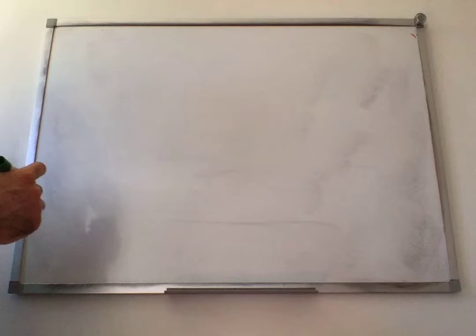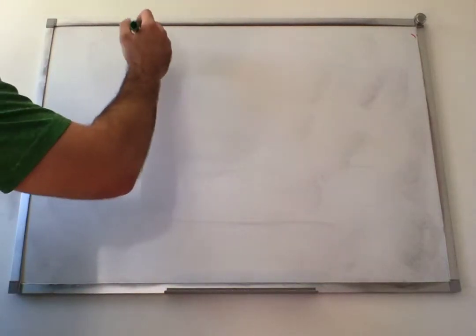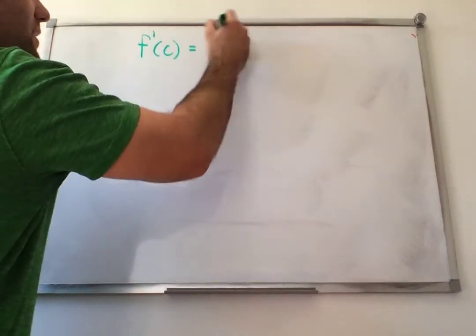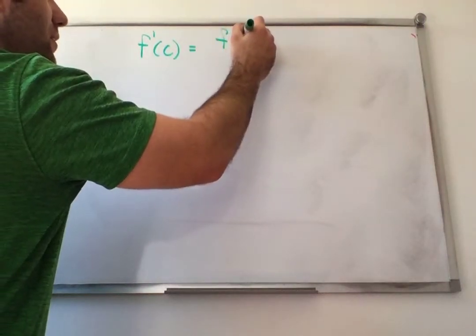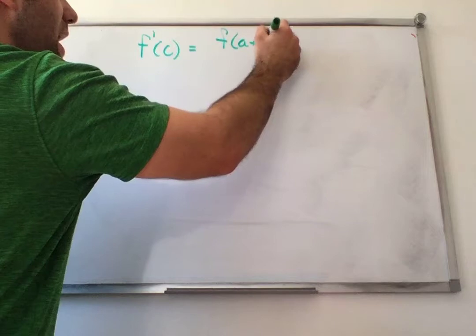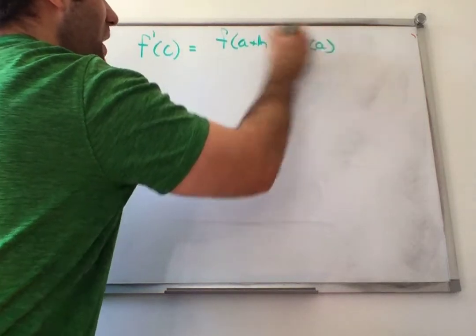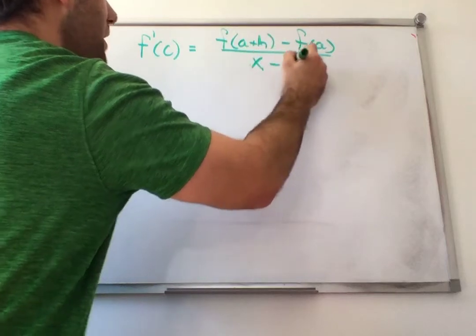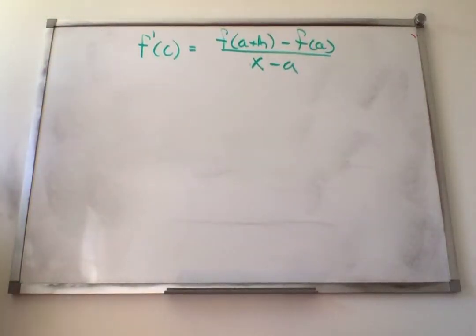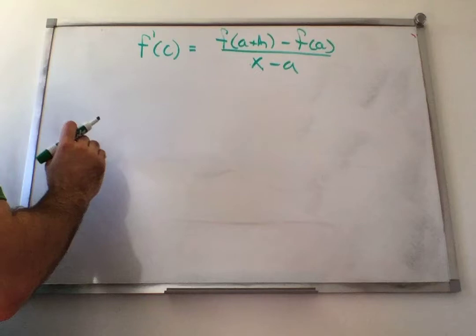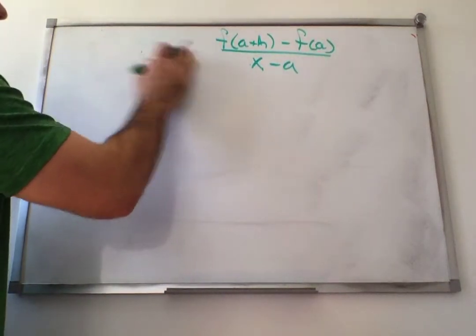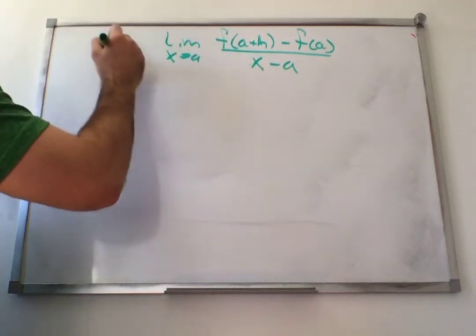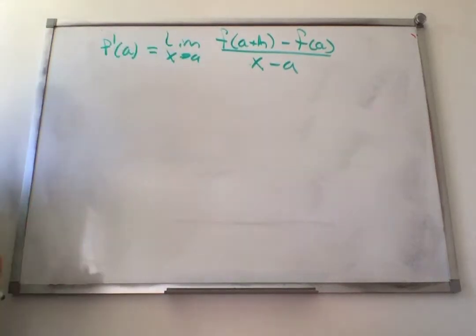If you go back to 2.7 and 2.8, in 2.7 we were finding the derivative like this: f of a plus h minus f of a divided by h. Sorry, that's f of x minus f of a divided by x minus a. It took me a second to remember that. So there's a limit here, the limit as x goes to a. There we go. That's f prime of a.